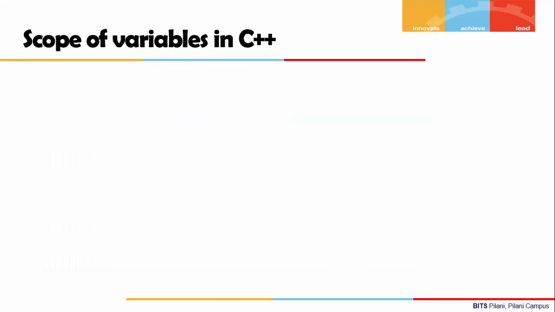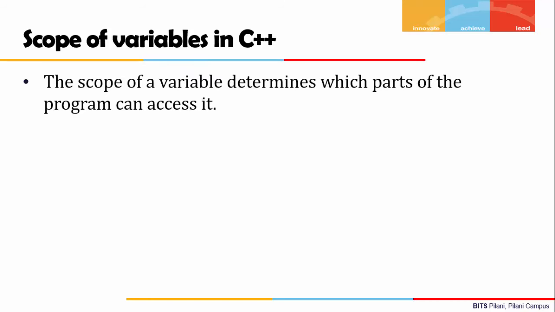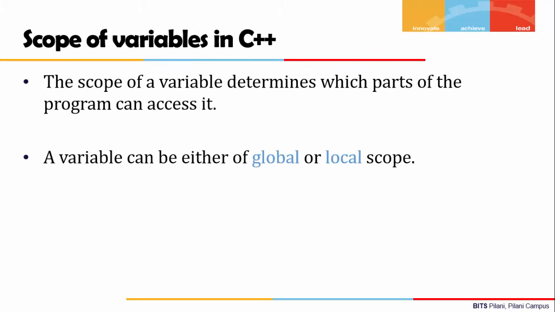Now, scope of variables in C++. All the variables have their area of functioning and out of that boundary, they don't hold their values. The boundary in which they hold their values is called the scope of the variable. We can broadly divide variables in two main types, global variables and local variables.